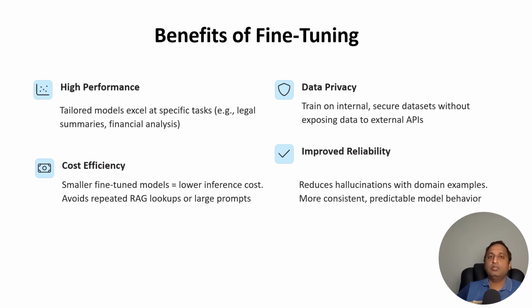So long story short, fine tuning gives you expert level performance, privacy by design, a low long term cost, and more importantly, confidence in your results. So it's not always the first step, but when precision matters, it's often the right step.